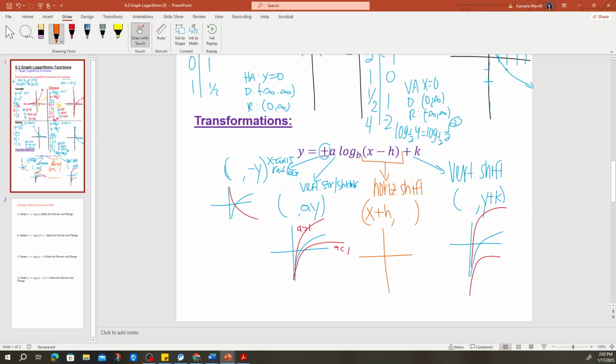If I move all my x's, say right h, what did I just move? Yeah, I moved my asymptote. It moves your vertical asymptote, and it affects the domain. It affects both those things, because I just shifted my asymptote left or right. So this one changes quite a bit as far as the other details of your graph.